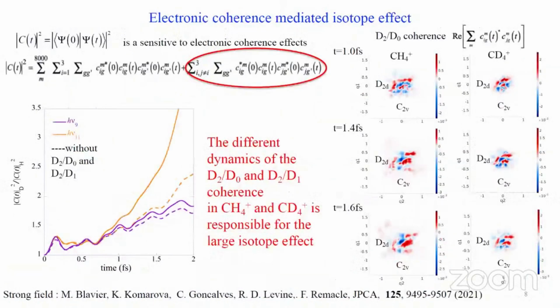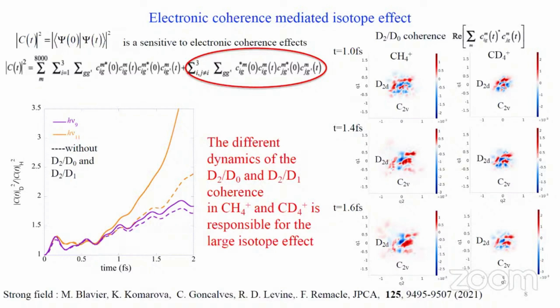And so if we do not include this term in the computation of the ratio of the autocorrelation function, we get here the dashed line, and you see our isotope effect is gone, essentially. And so it means that we have a very large effect of this D2 to D0, D2 to D1 electronic coherence in controlling the early time dynamics of the structural rearrangement in CH4+.